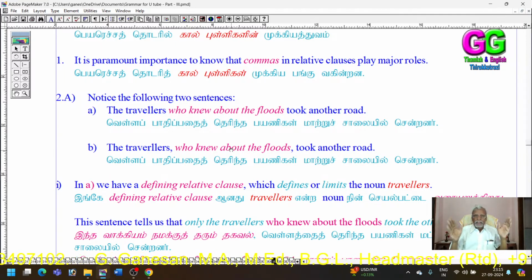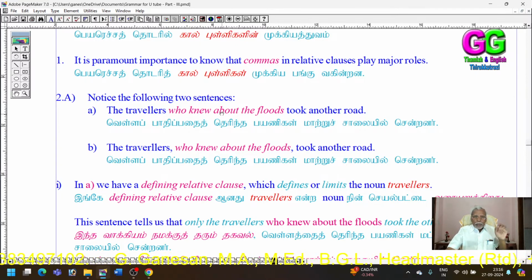The only difference is that here there is no comma before and after the relative clause, and here there are commas before and after the relative clause.